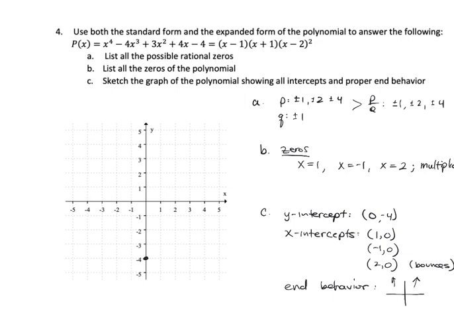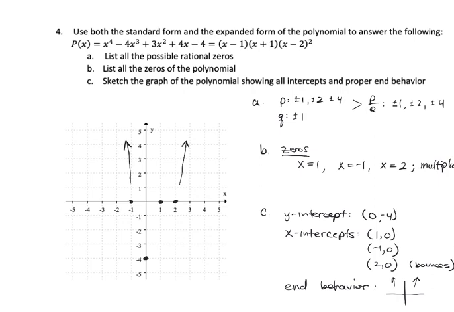So we have the y-intercept of negative 4, x-intercept there, x-intercept here, and then an x-intercept at positive 2. The left side goes up to infinity, the right side goes up to infinity. So now we just need to connect the left side down to the right side.